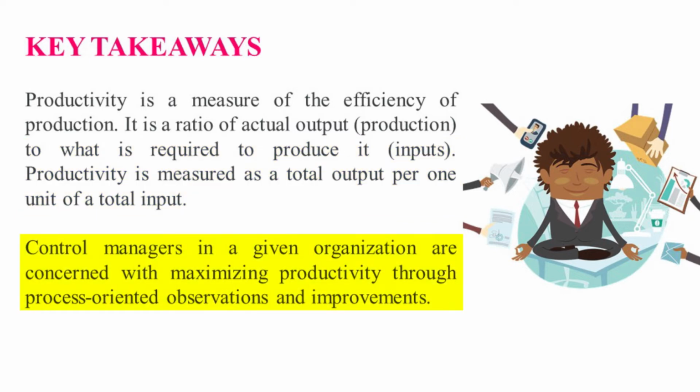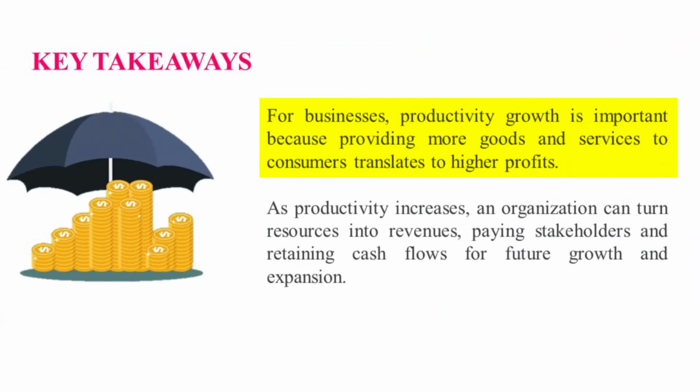Control managers in a given organization are concerned with maximizing productivity through process-oriented observations and improvements. For businesses, productivity growth is important because providing more goods and services to consumers translates to higher profits.